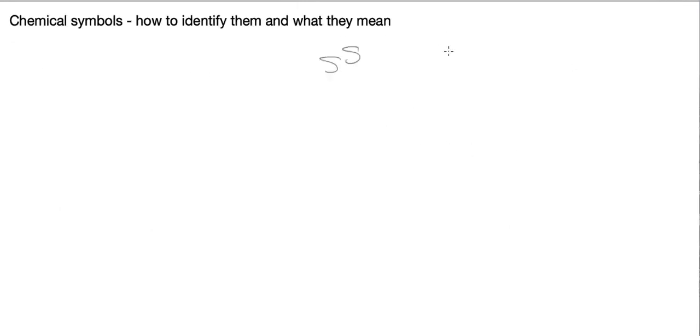So let's consider lithium. We'll go back to lithium. We have 7 there, 3 there. That tells us the number of protons and neutrons in total, and that tells us the number of protons in the nucleus.